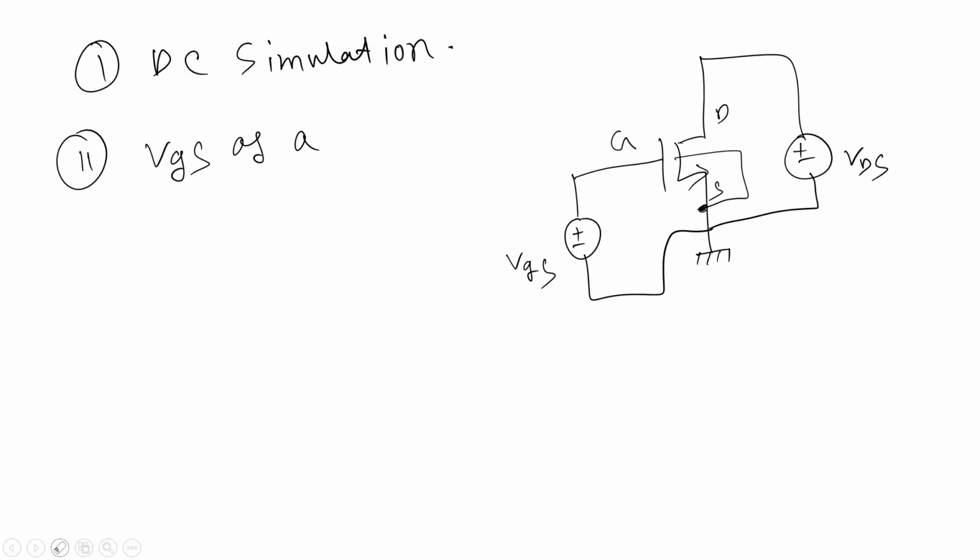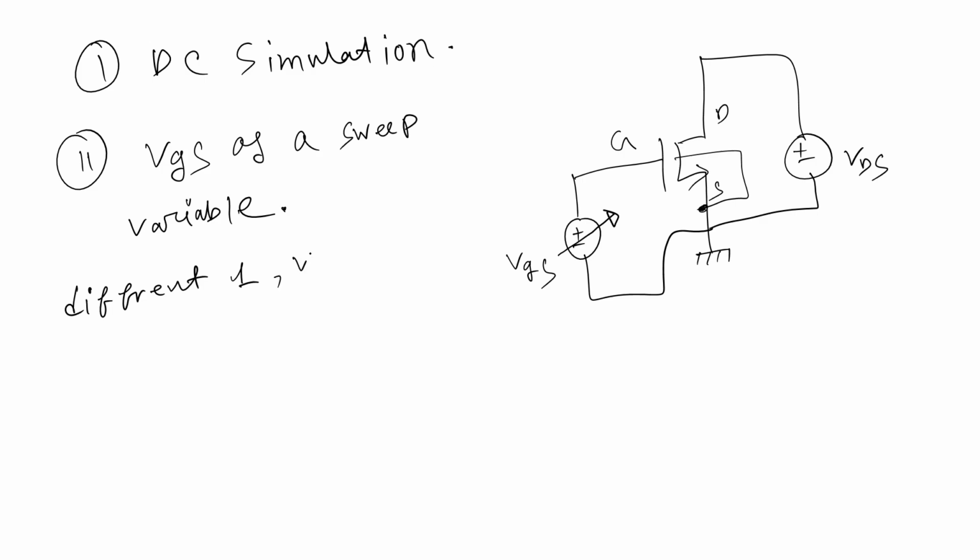VGS as a sweep variable. That means we will sweep the VGS, and we will also generate different curves for different lengths of the MOSFET against VGS.